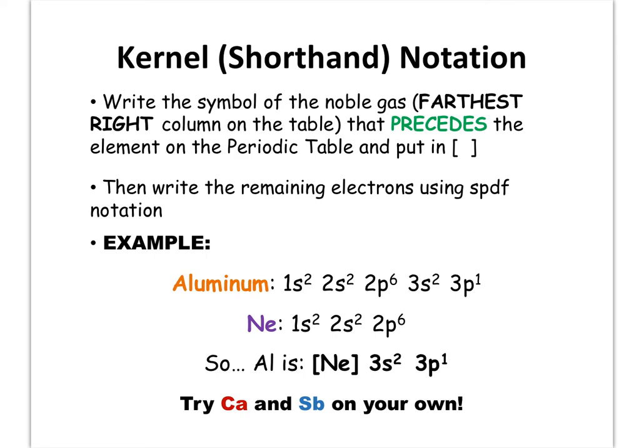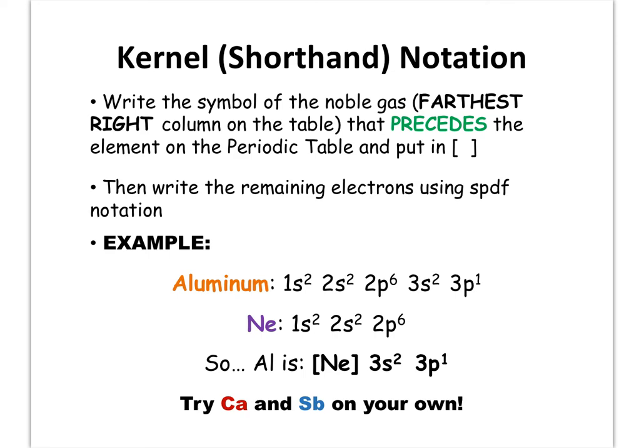If you look at the electron configuration of neon, it'd be 1s2, 2s2, 2p6. So by putting neon in brackets, basically it allows you to say, I don't have to write any of neon's electron configuration. You get to kind of wipe it out. It's basically like saying, I'm good through element number 10. So then you just have to write what's left of the electron configuration until you reach the element you're doing.